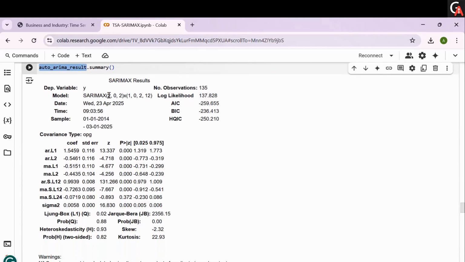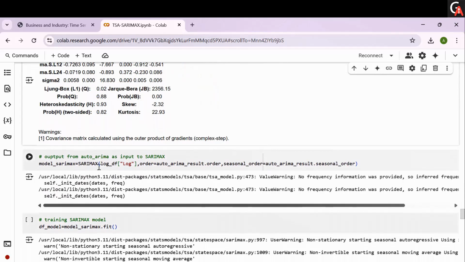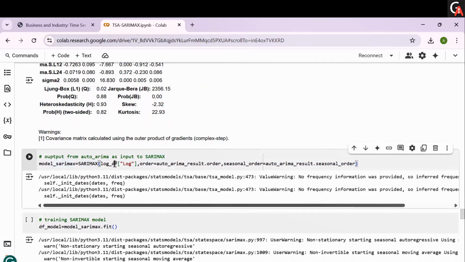So we'll provide these parameters that we have got from our auto-arima function to our SARIMAX model. For that, we'll pass the logarithmic series that we have to the SARIMAX function. We'll pass the non-seasonal order and the seasonal order from auto-arima itself, and we'll store it into this model SARIMAX.